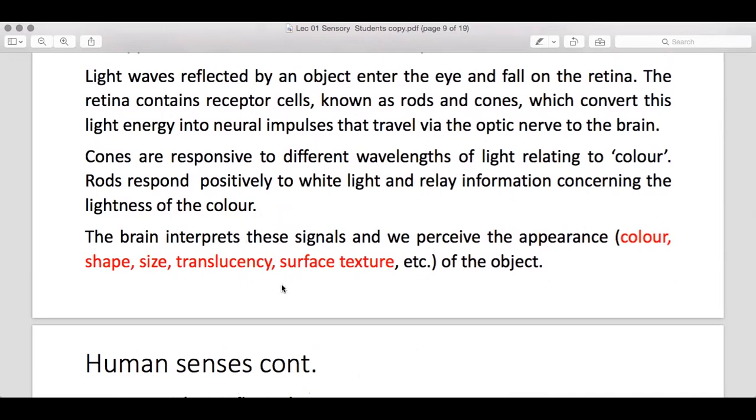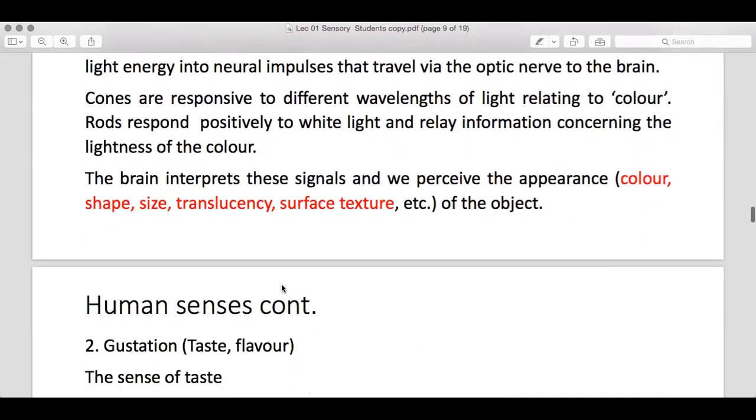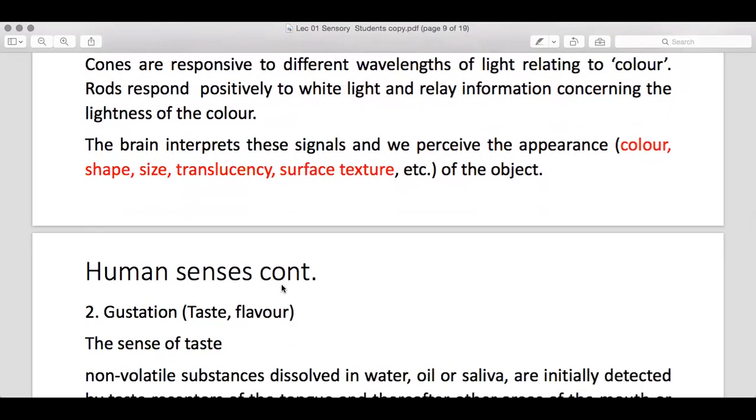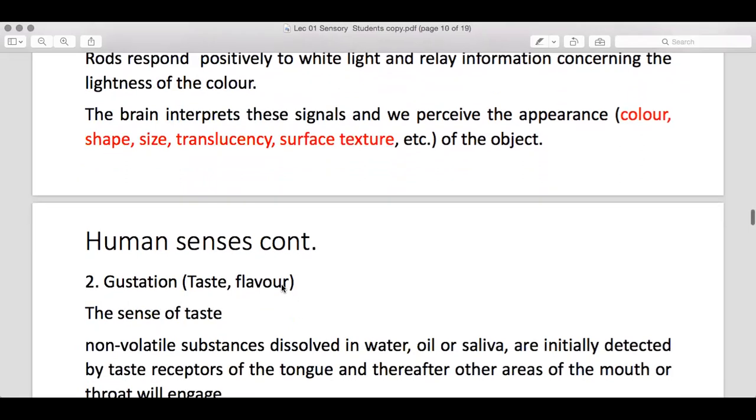We can determine all these things, and its shape and size. So we need to break it into several pieces, or consume it part by part. We have to make all these decisions before putting the food into the mouth.